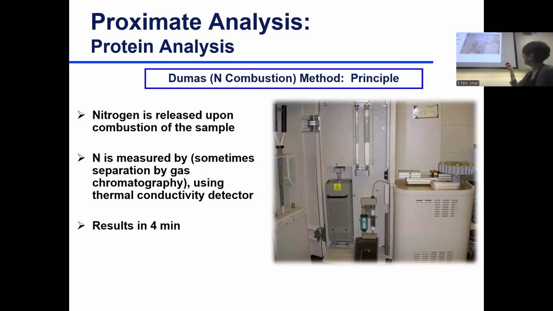When you put your sample, I think it's combusted at really high temperature, probably 950 degrees or something like that. So it combusts, and everything is now in the gaseous form: CO2, H2O, NO2, NOx. So everything is in the gaseous form.